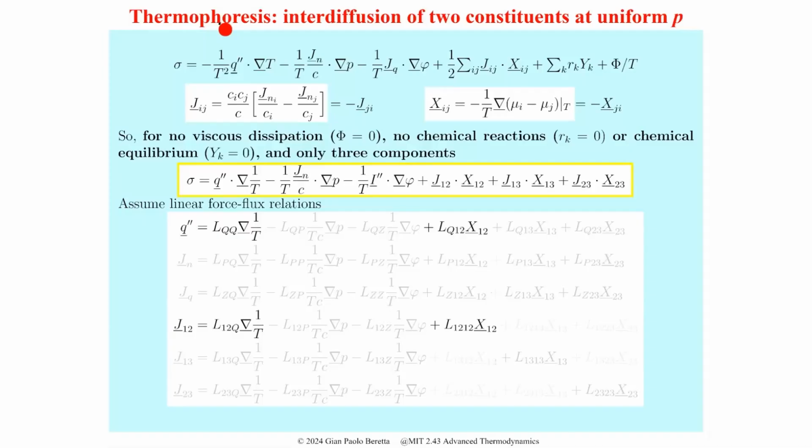So you generate a flux of particles with a gradient in temperature, even if you don't have the driving force in the gradient of the chemical potential. So even if you don't have gradients in concentrations, just the gradient in temperature drives particles.